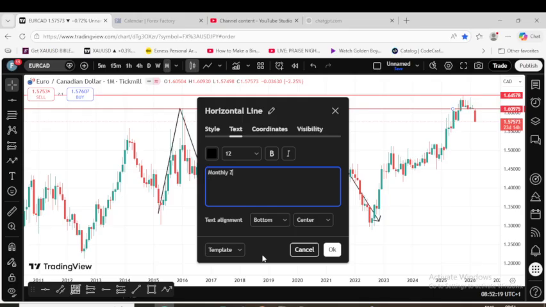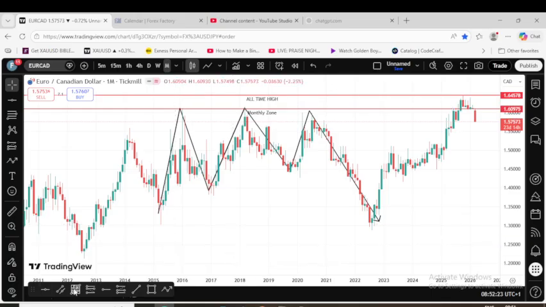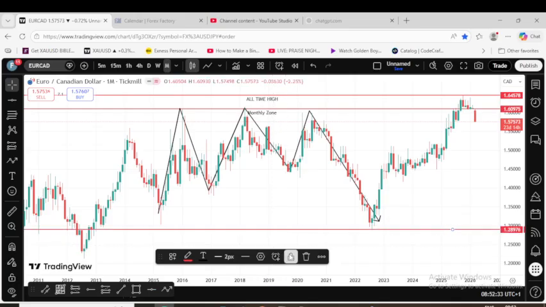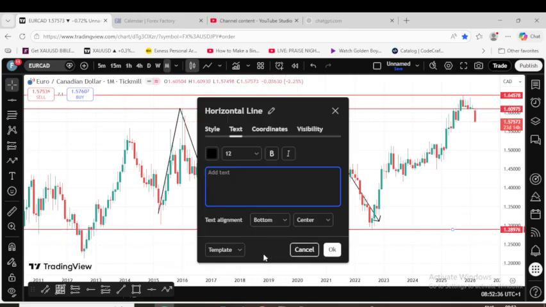So, like I said before, support levels, resistance on support, and support and resistance levels on the daily time frame, the weekly time frame, and the monthly time frame are collectively known as zones.